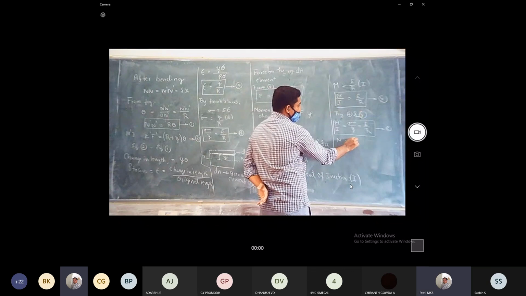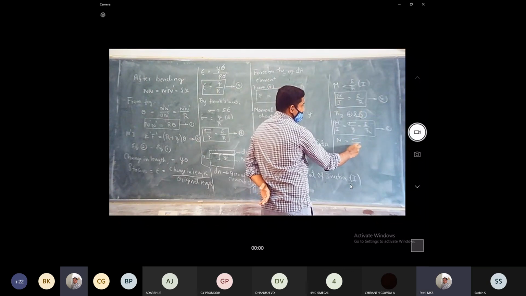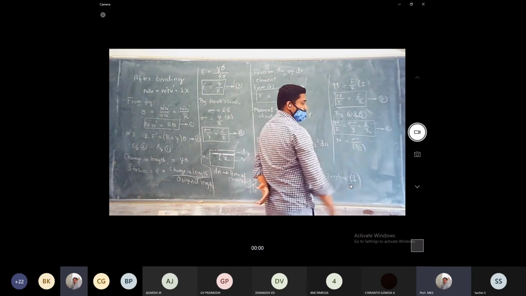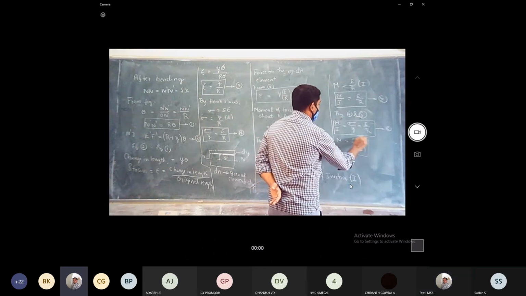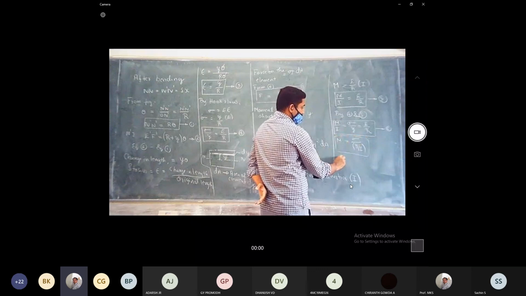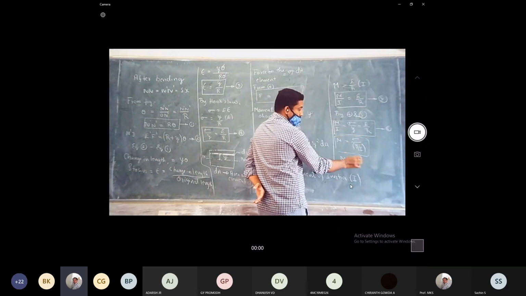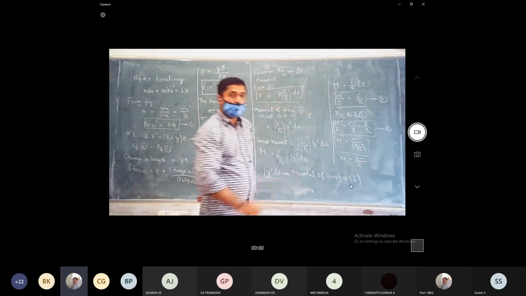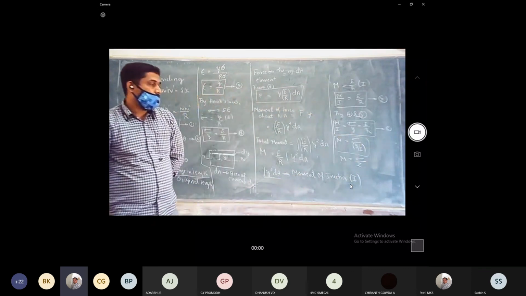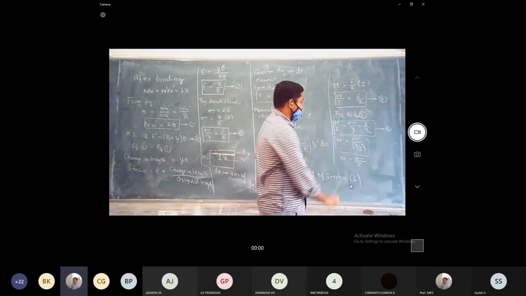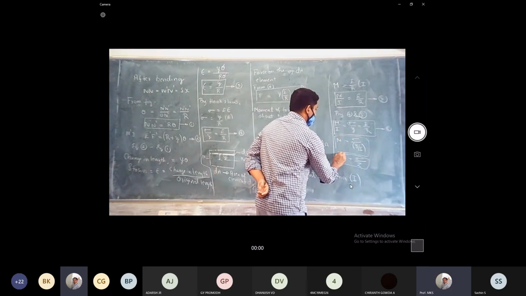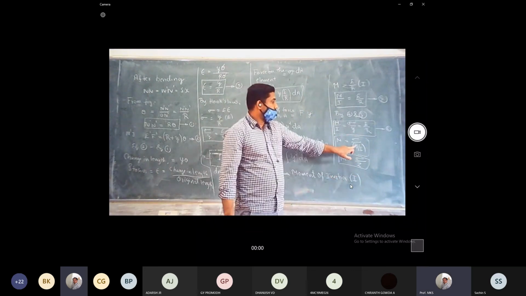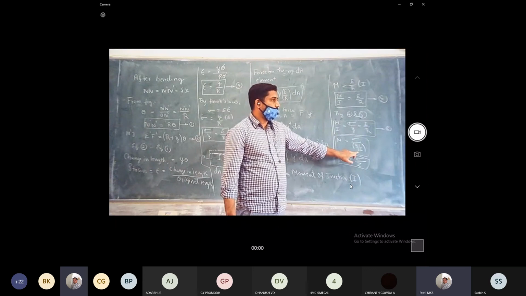It can be written for moment. The moment can be given as sigma by y into I. This term we call Z. Z is equal to I by y, or I by c.